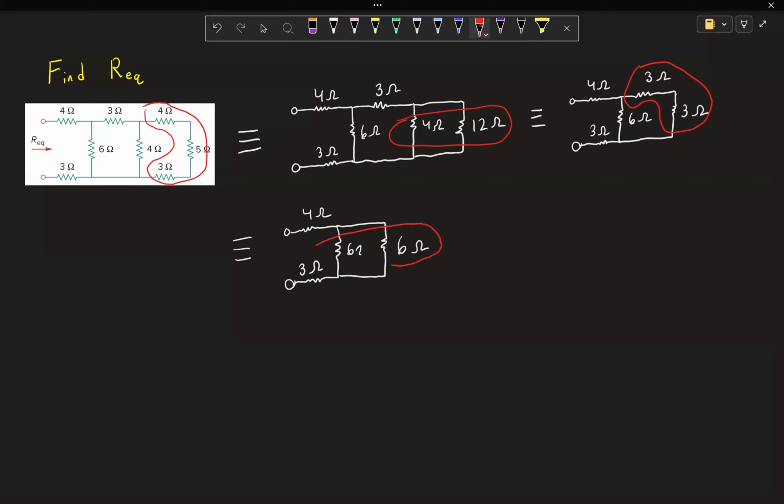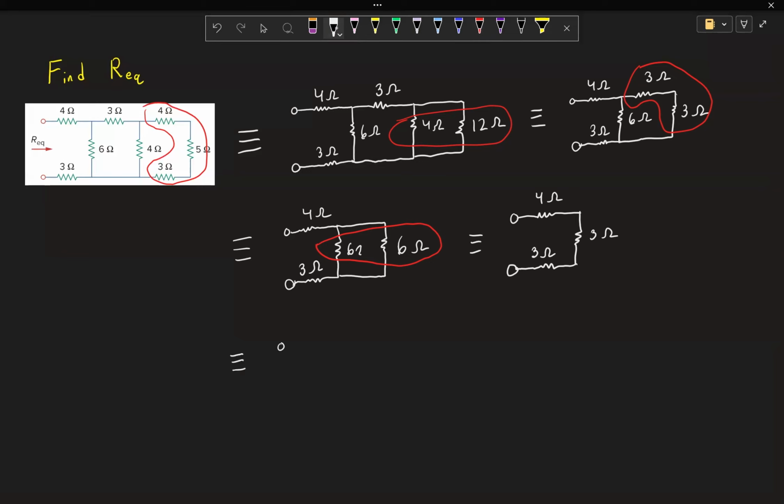Now we're getting smaller. This is 2 in parallel. So 6 times 6 is 36, divided by 6 plus 6 is 12. So that's going to be 3 ohms again. 4 ohm, 3 ohm. And now the final step.